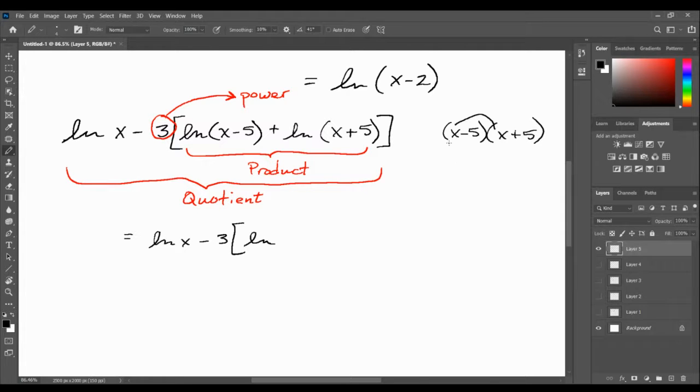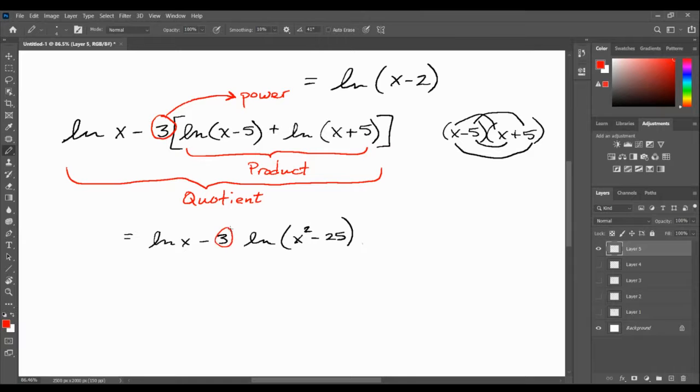If I FOIL this, x squared minus 5x plus 5x, so those will cancel. Minus 25, we've essentially got the difference of two squares. So x squared minus 25. So I've got that. There's our product rule in order. And as a matter of fact, I don't really even need these braces anymore because there's no difference inside. Now let's go ahead and apply the power rule.